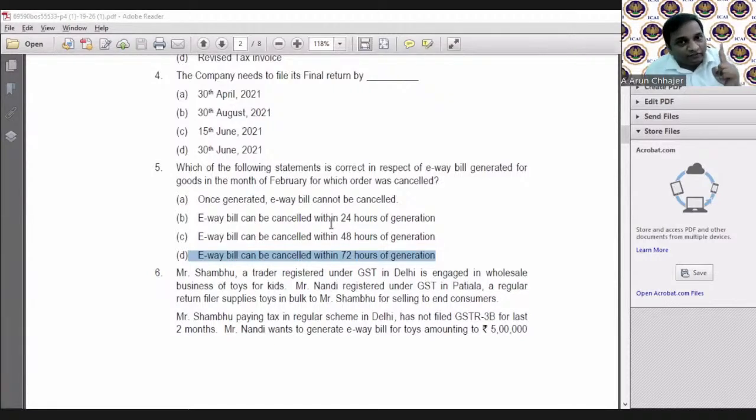Please answer: if I have an interstate supply made to an unregistered person, B2C, and the invoice value is greater than 2.5 lakh, should I give the consolidated information or the invoice-wise information? The answer is invoice-wise information.